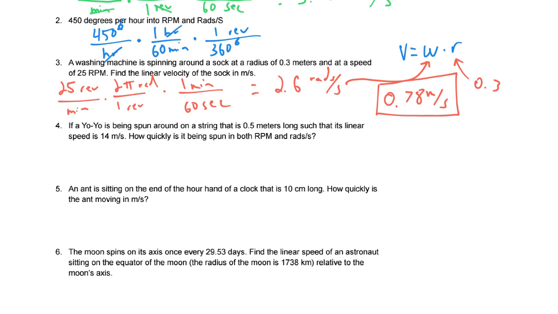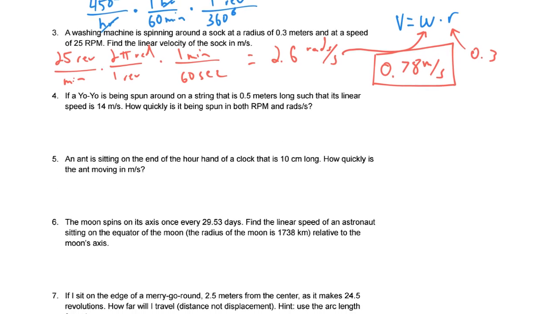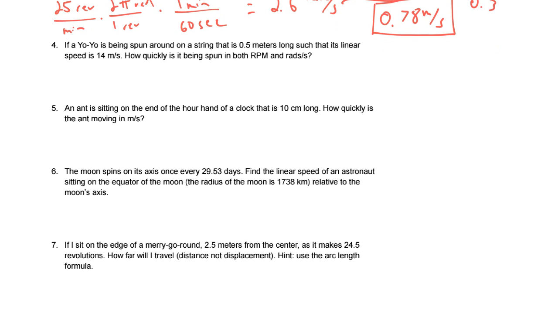All right, next one. A yo-yo is being spun around on a string that is 0.5 meters long, such that the linear speed is 14 meters per second. How quickly is it being spun in both RPM and rads per second? So we've got to use this formula backwards.